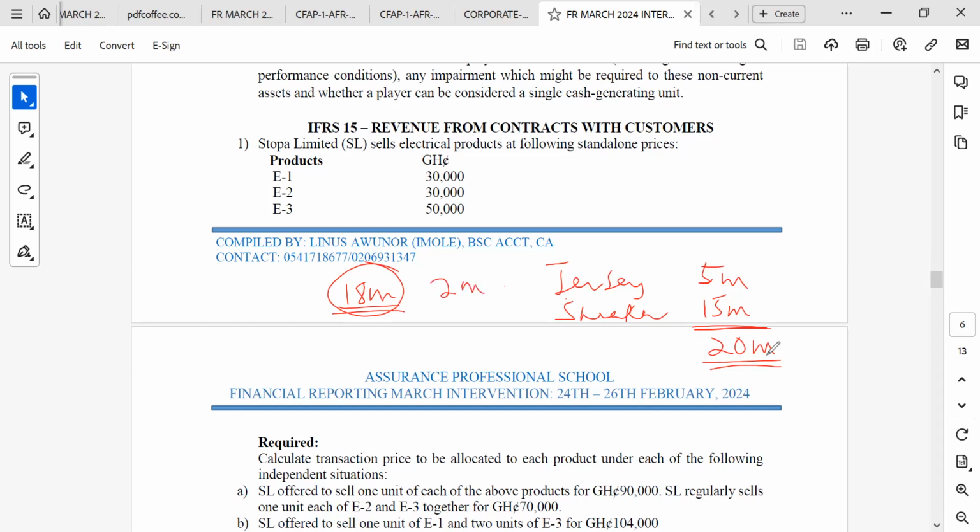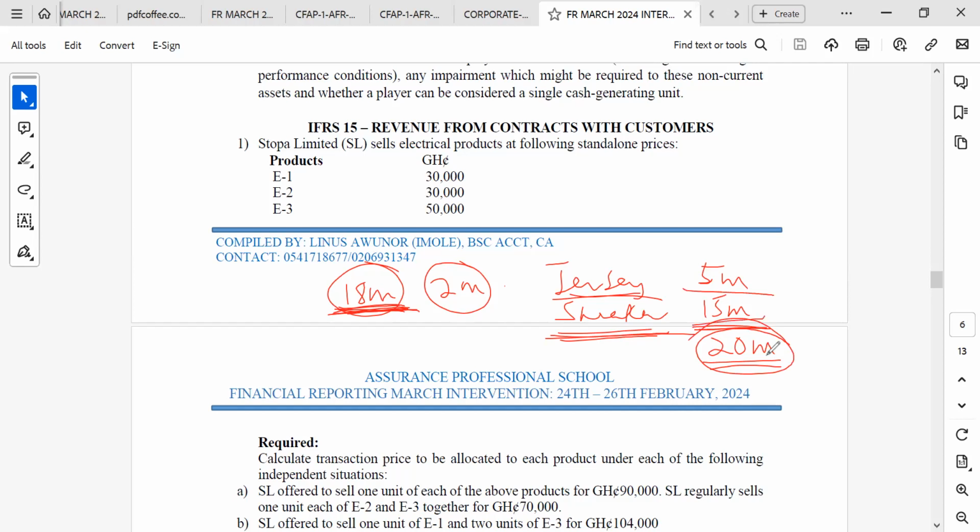So of these 2 million, which portion is for the Jesse, which portion is for the sneaker? So we call something standalone items. So we determine their price separately. Which portion of the 18 million is for the Jesse and which portion is for the sneaker? What we do is that in actual sense, the price should have been 20 million, which Jesse will be taking 5, sneaker will be taking 15.